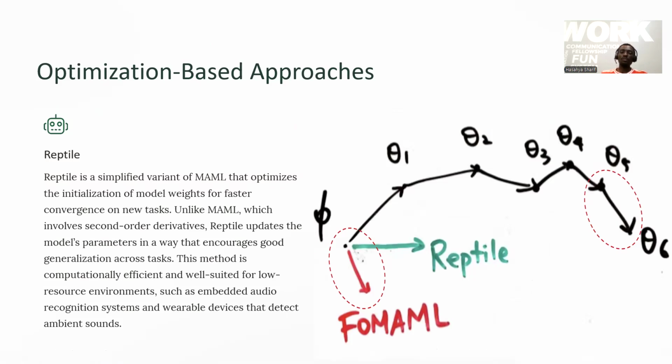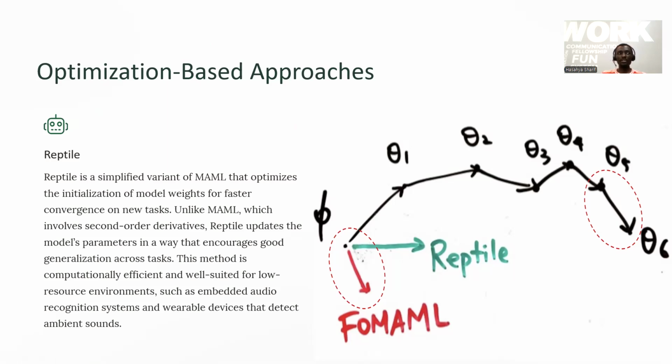The next is Reptile. Reptile is more like MAML, but the only difference is that Reptile moves the model weights towards the new parameters. In Reptile, we get a sample and we train on that sample.